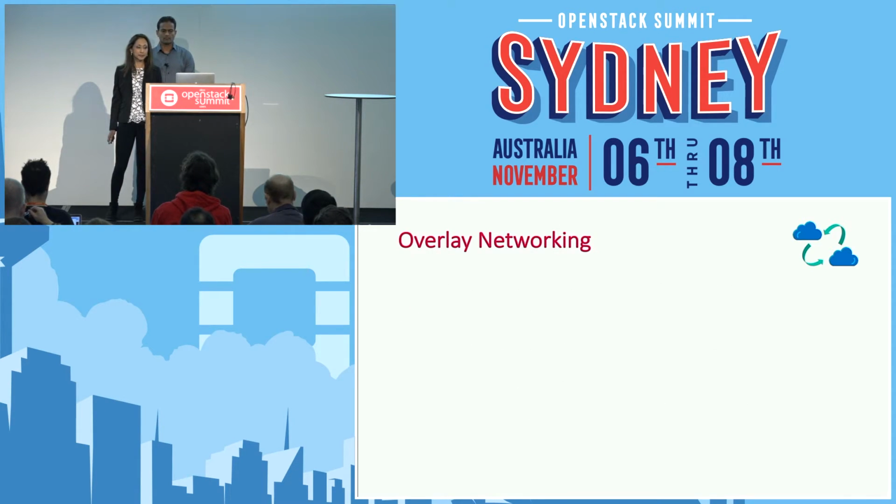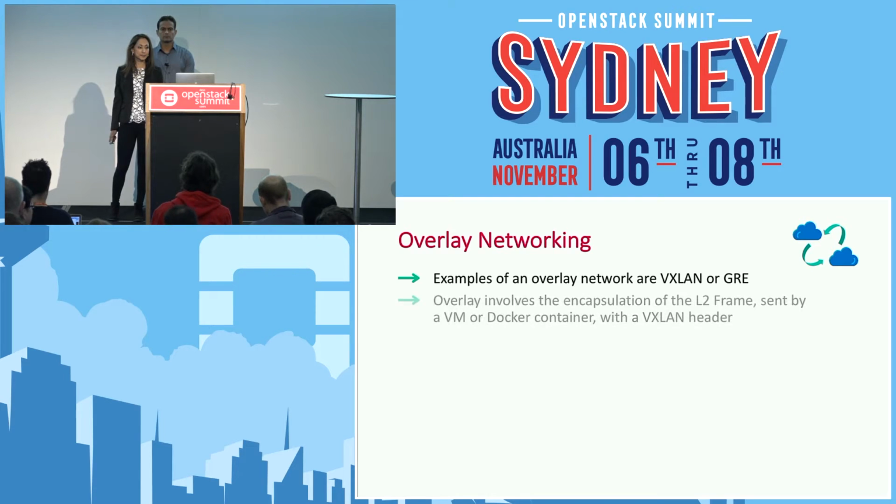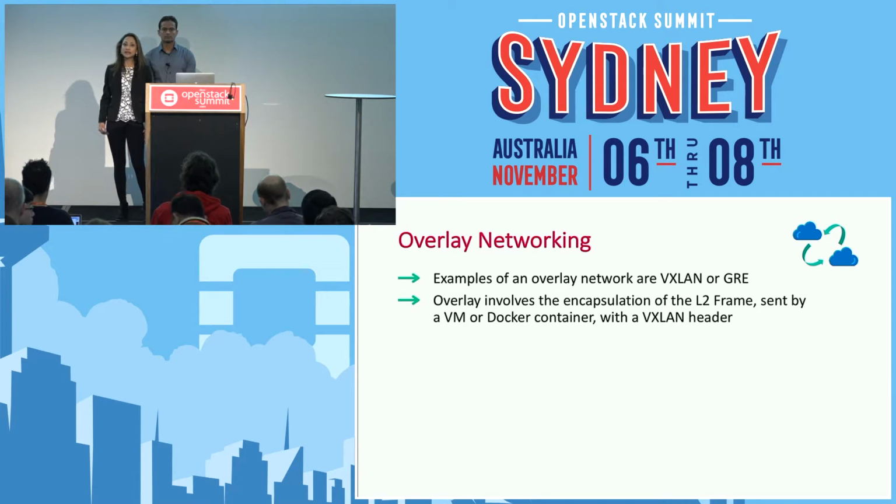Overlay networking. So examples of an overlay network are VXLAN, as I mentioned, and also GRE. What an overlay does is it involves the encapsulation of a regular L2 frame with a VXLAN header.